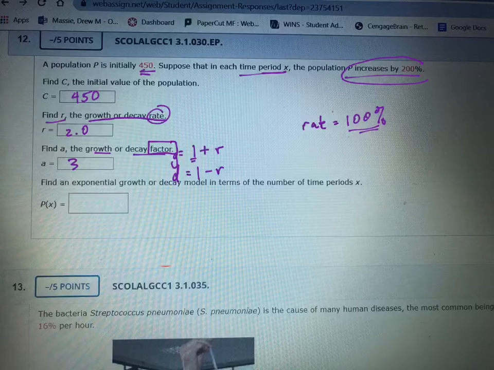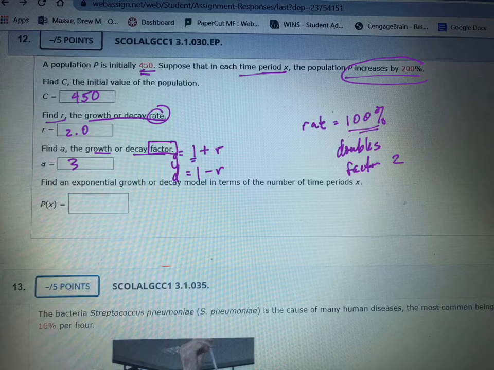If I said, hey, it increases by 100% every 2 years, that would mean that it doubles every 2 years, right? In other words, the factor would be 2.